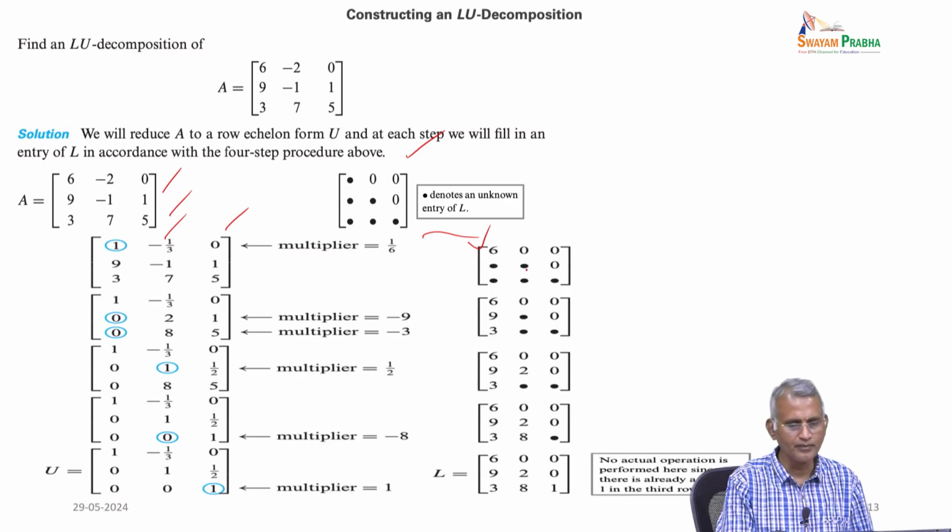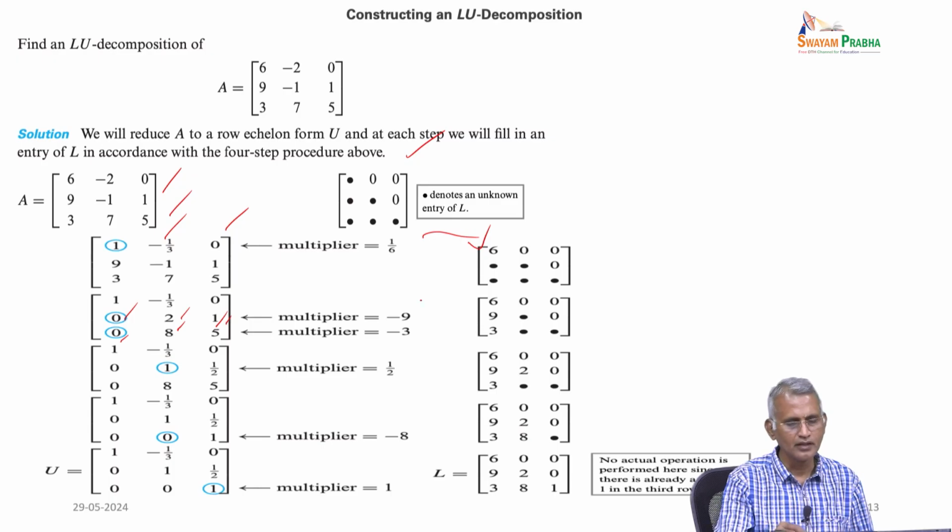For the next step, you have to make the leading elements below it 0, therefore you multiply by 9 and subtract, so that 0 2 1 will come, and for the third row also you multiply by 3 and subtract, and you get 0 8 5 along with the first row.